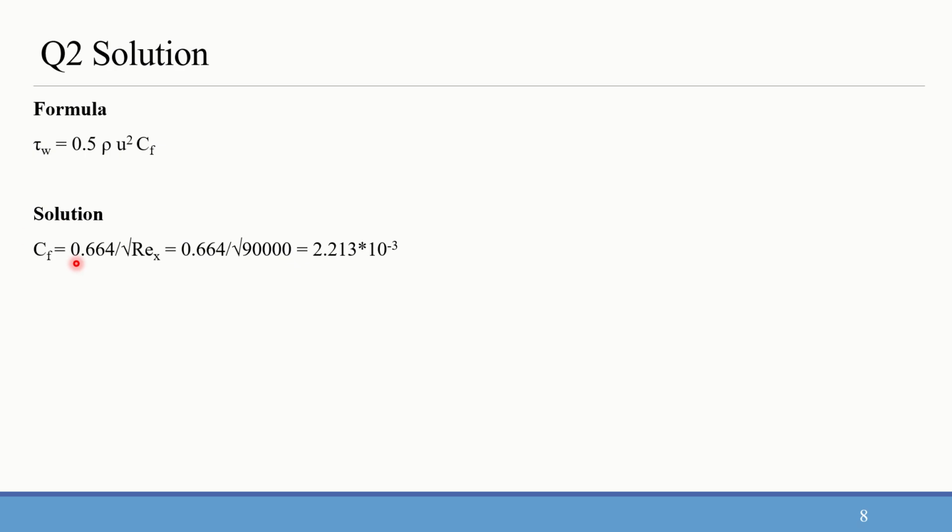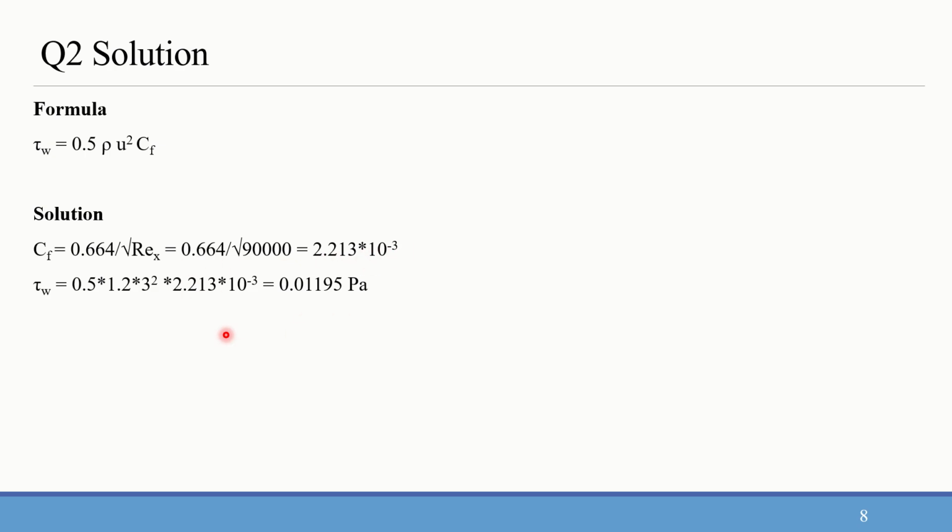So now since we know Cf, we can substitute it in the wall shear stress formula. 0.5 into rho, rho is 1.2, into u square, u is 3 meter per second, so 3 square into Cf, which is 2.213 into 10 power minus 3.